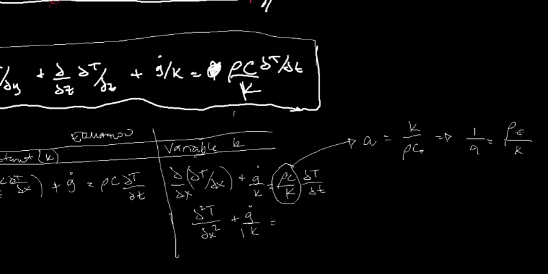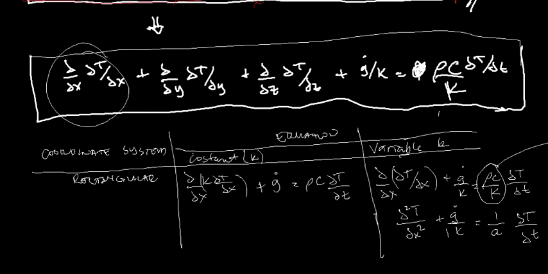Therefore, this rho c over k is equal to 1 over alpha, 1 over the thermal diffusivity. So we can substitute this, and finally we have this expression, 1 over alpha dT/dt, right?